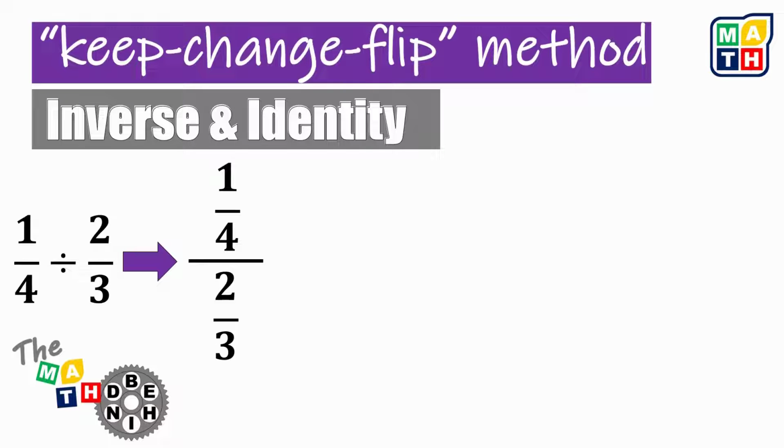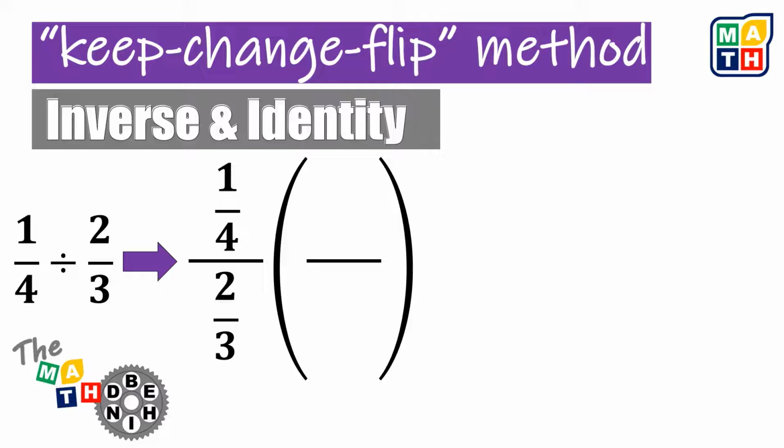We can illustrate the math behind this method when we multiply this expression by another rational expression. The denominator of this new rational expression should be the inverse of 2/3. When you say inverse, it's the reciprocal of it, which is actually 3/2.